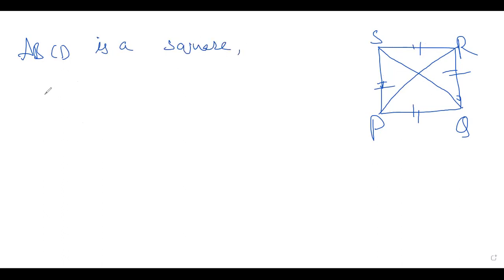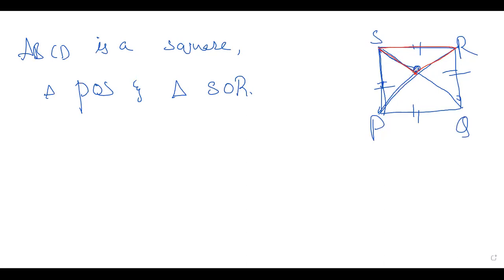Take triangle POS, this is O, and triangle SOR. We are taking these two triangles, POS and SOR, the ones adjacent to each other.